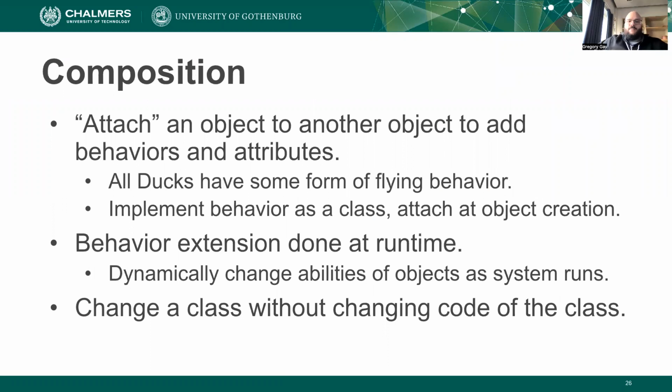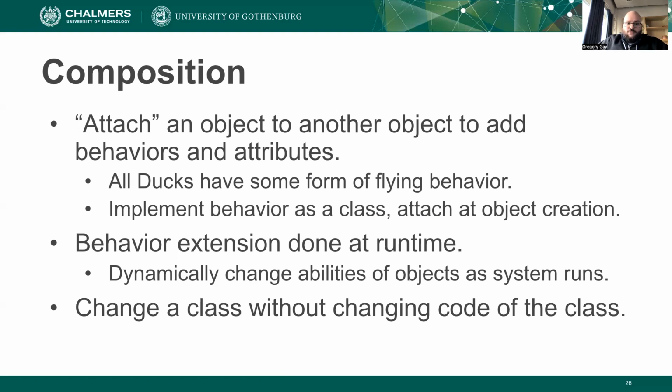The idea of composition is that we can take pieces of the system, these assets, and we can use them as building blocks of something else. We can grab an object in the system and we can expand what it can do by attaching another object to it and calling into that attached object. We had that robot example before with the strategy pattern.